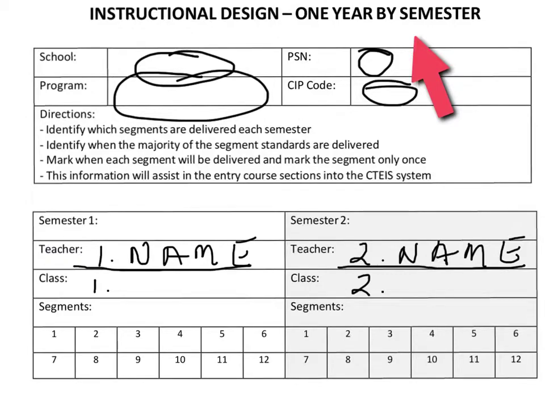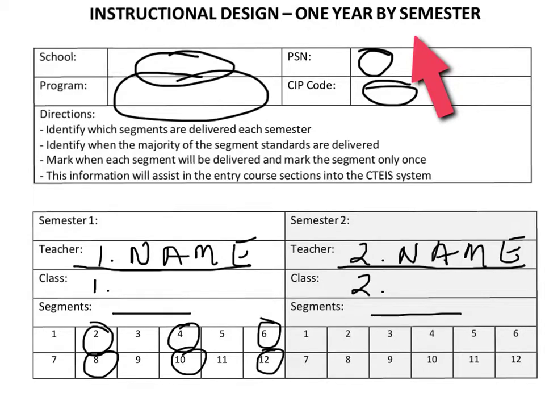When it comes to the segments, you don't really have to fill this in at all. What you do have to do is make sure that the segments are circled. So let's say that our test teacher in the first semester of this 1 year program teaches segments 2, 4, 6, 8, 10, and 12.